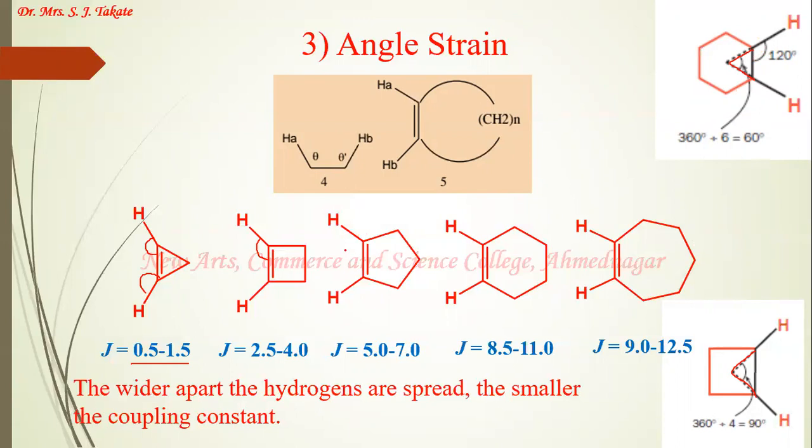Therefore the coupling constant value increases if the bonds are close to each other. As we go from a three-membered ring to four or five, or from five to six and seven, the bonds are moving close to each other. That is, the coupling constant value increases as the ring size increases.